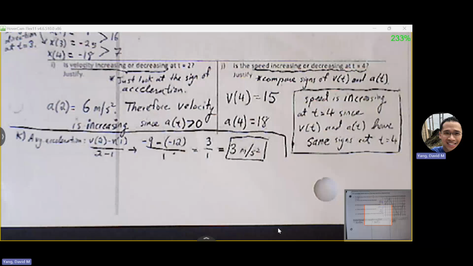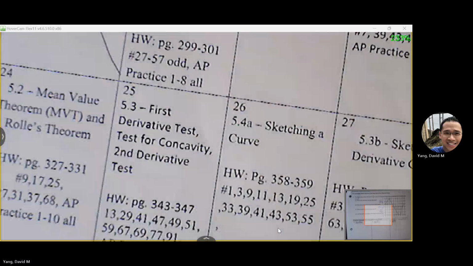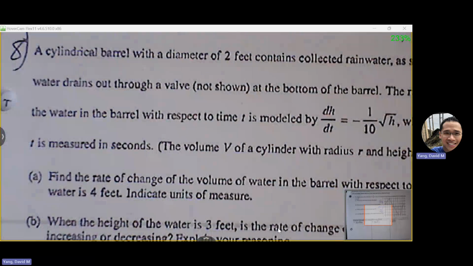The displacement from these, we just do final position minus initial position. Use position, yeah. Change in position divided by the change in time.